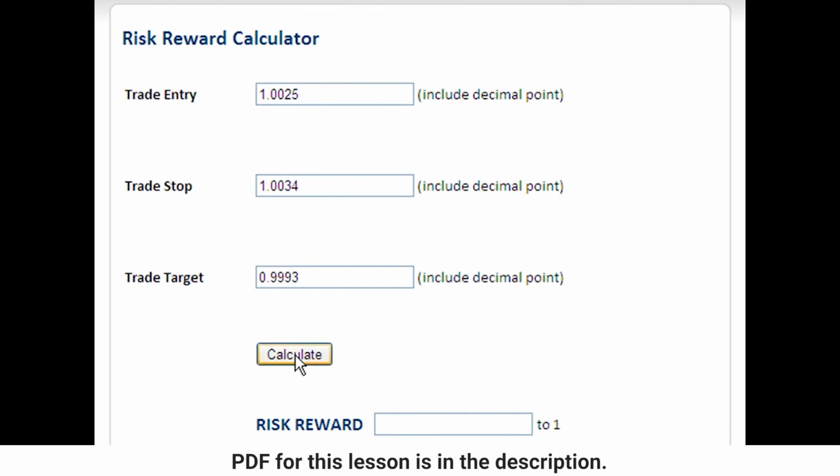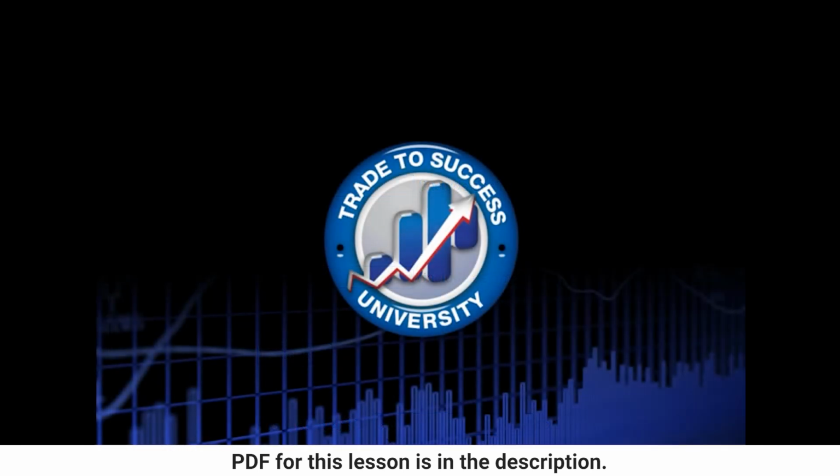Now I hit the calculate button, and we get a risk reward of 3.621. So there you have it, that's the risk reward calculator. Just put in your entry, stop, and target, and your risk reward is automatically worked out for you. So that's a great tool I've added into the members section for you, so you can always get your risk reward worked out automatically for you.